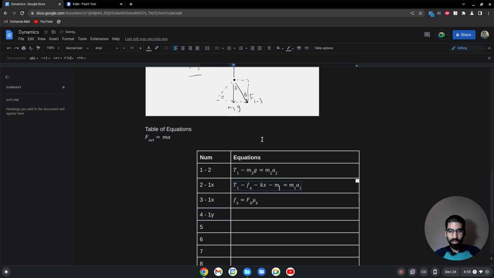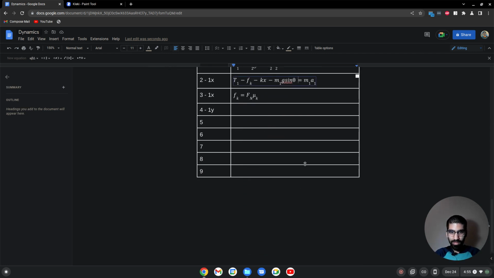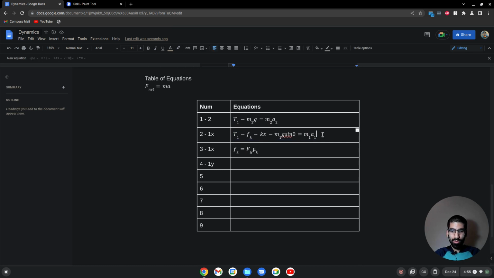It's going to be m1g cos theta sine theta. And if you're wondering how did he do that, I'd encourage you to watch the last video so that you don't feel lost. I understand I always felt lost when people did that at first, so just go back there, get comfortable with it. So that is in the x direction.